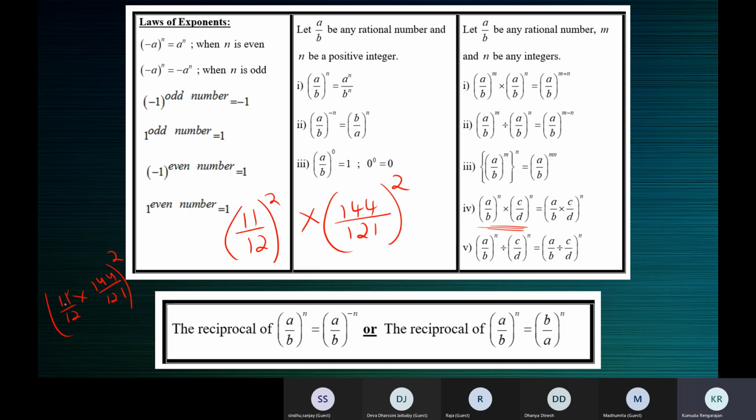Now you can simplify. 11 ones are 11, 11 twelves are 121... 12 ones are 12, 12 twelves are 144. So now it's 12 by 11 the whole square, which is nothing but 144 by 121. Simple, finish. Then you can write it as a mixed fraction. We finished the calculation without having to do 144 into 144, 121 into 121.